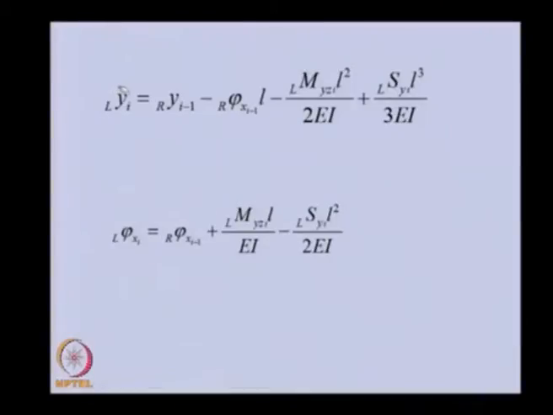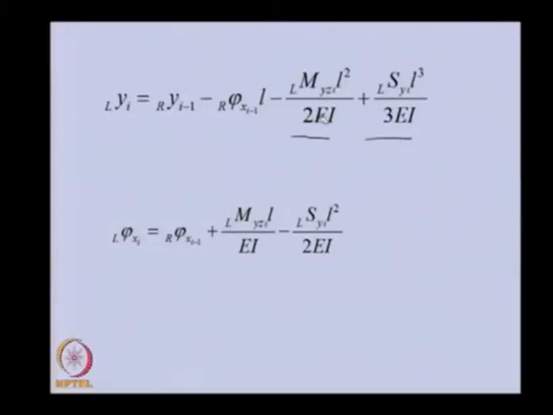The displacement of the left of the ith disk is given by these two terms, which come from the cantilever when we are considering the shaft as fixed. From a strength of materials book we can get these relations: when we have shear force acting, what is the linear displacement, and when we have bending moment, what will be the displacement of the free end of the shaft.